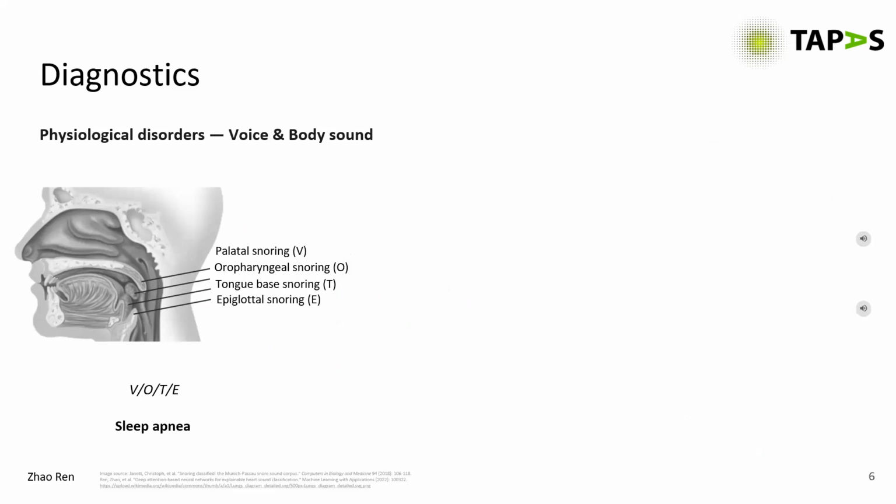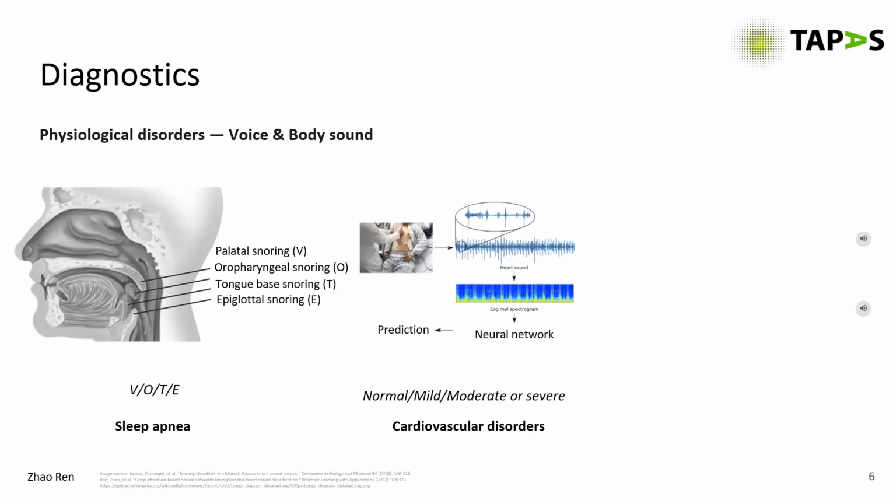Therefore, we can detect sleep apnea. From the heart sounds, we can also evaluate the severity of cardiovascular disorders, such as whether the sound is normal or abnormal, and even whether an abnormal sound is mild or severe.